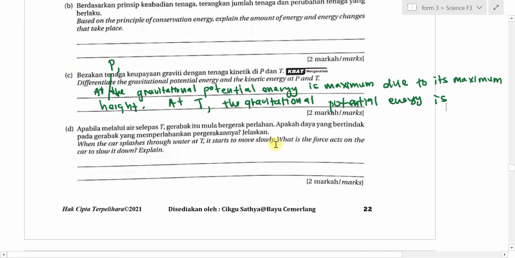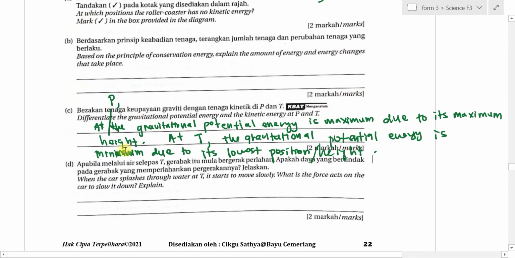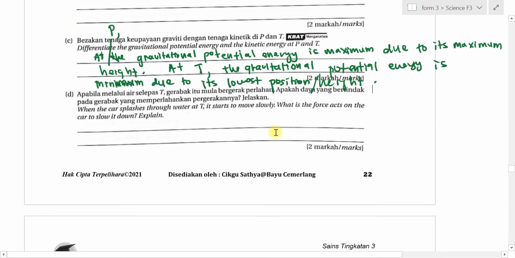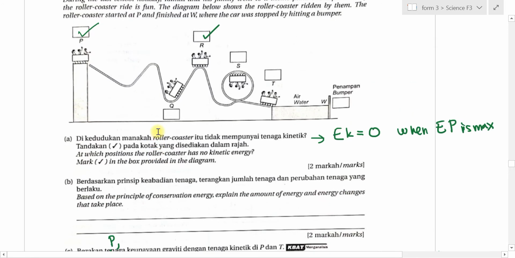So the gravitational potential energy is minimum due to its lowest position, or lowest height. So I have already differentiated and also explained why. Actually, they asked to differentiate; if they had put explain, then it would be only 2 marks. So, next question.